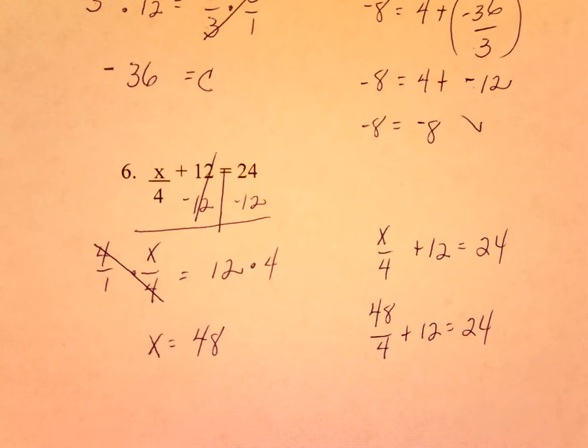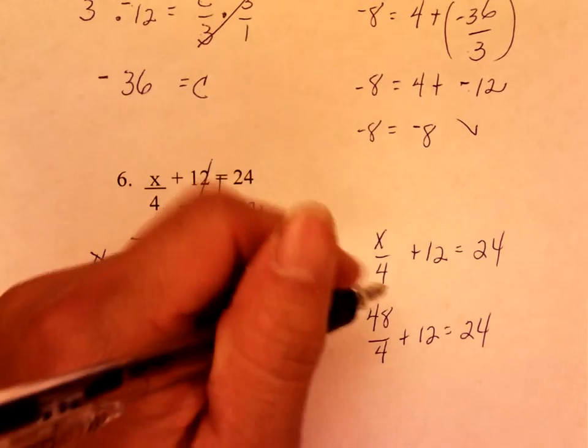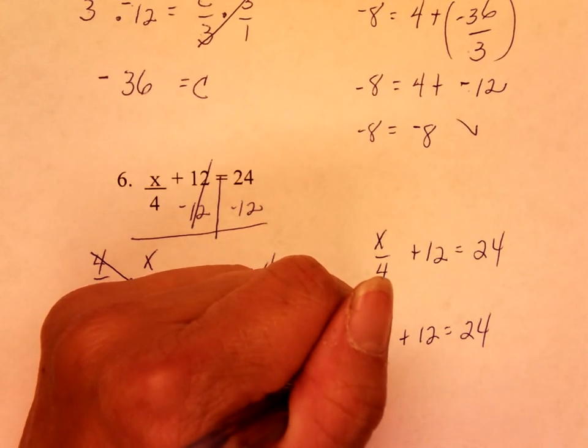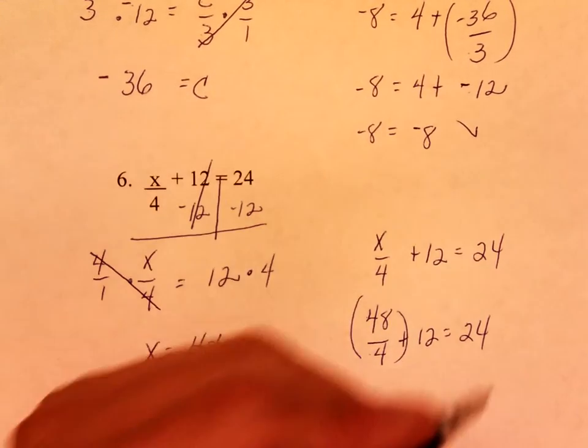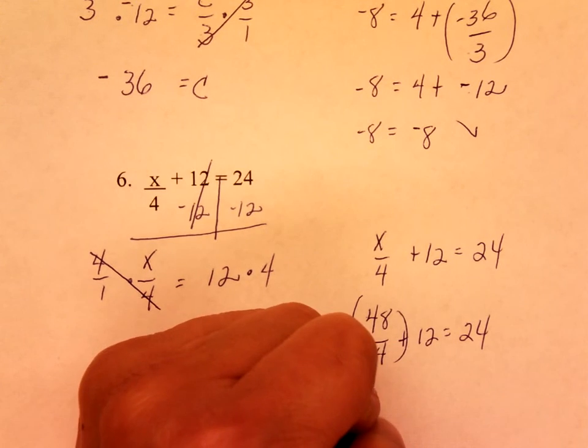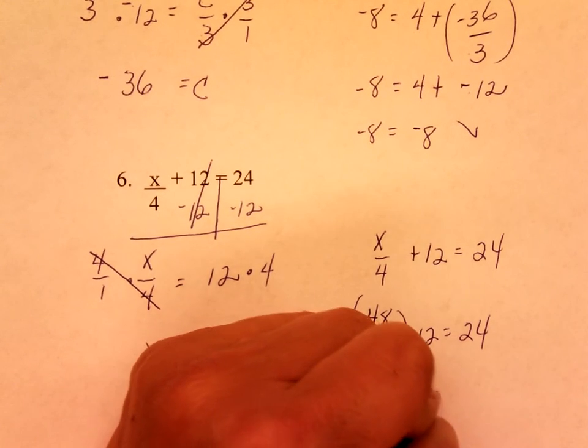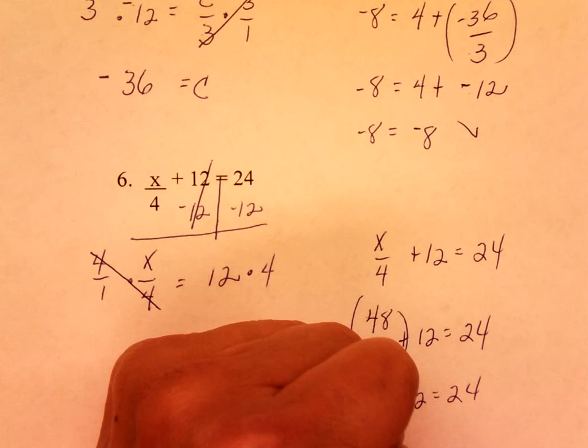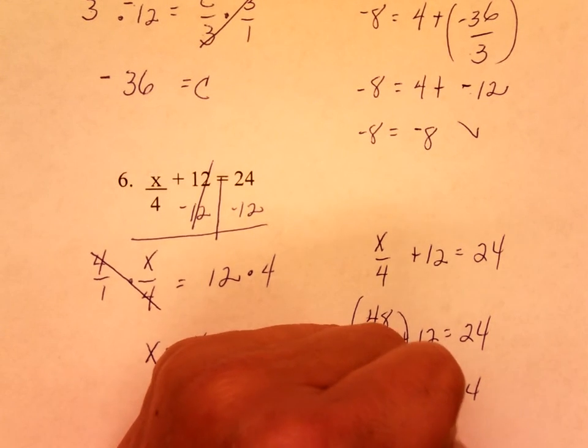Somewhere I went wrong, I think. I don't know. Oh no, I guess I didn't. Okay, 48 divided by 4, because you have to do division, is 12 plus 12 is equal to 24, and 12 plus 12 is 24 is equal to 24, and that checks out.